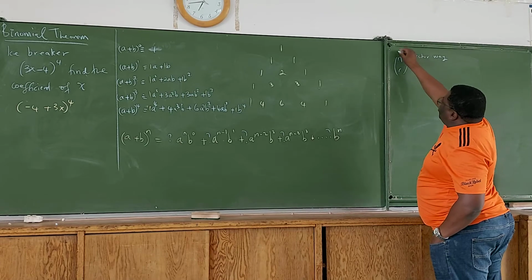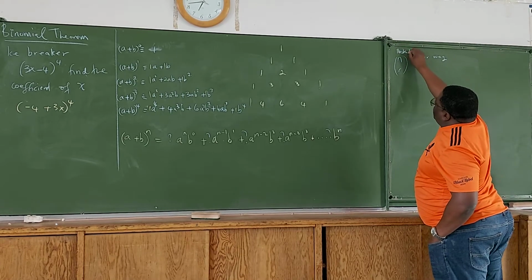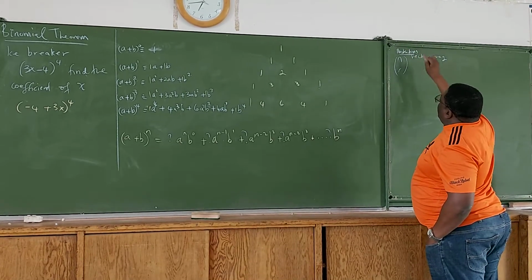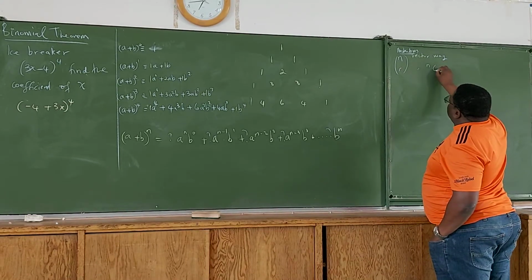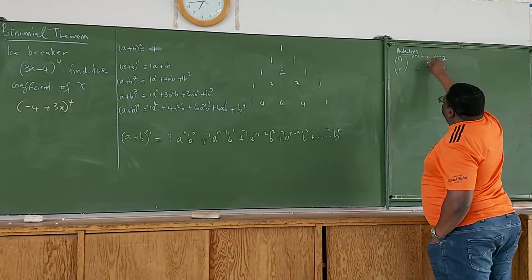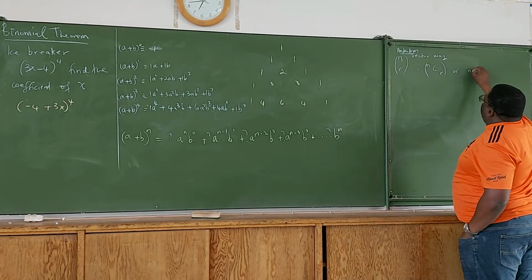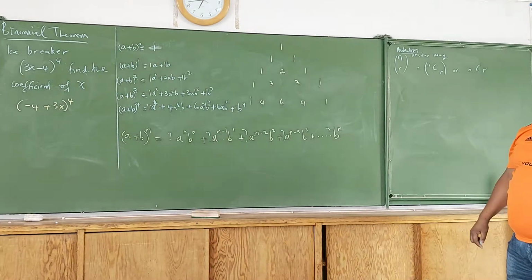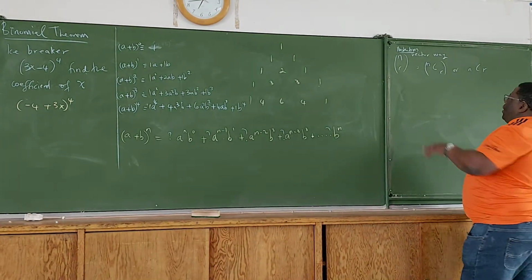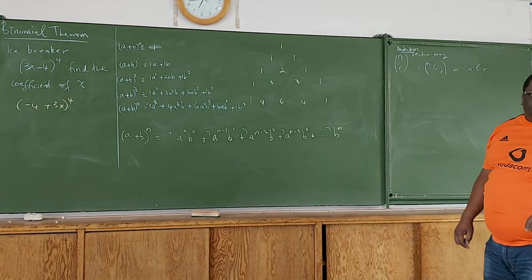So I'm introducing you to some notations, which is the same as n choose r, or you can even write them as nCr vertically, horizontally like that. There are many ways that you can deal with that. I like to work with nCr. Okay?